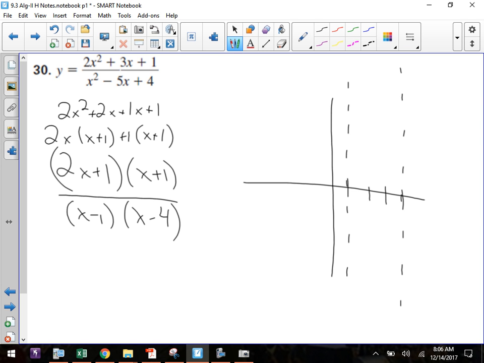Zeros, -1/2, -1. Now, this is the case where we have to also look at our leading term coefficients because our degrees are the same. When our degrees are the same, we just look at the coefficients. We have a y equals for a horizontal asymptote, which is at 2.